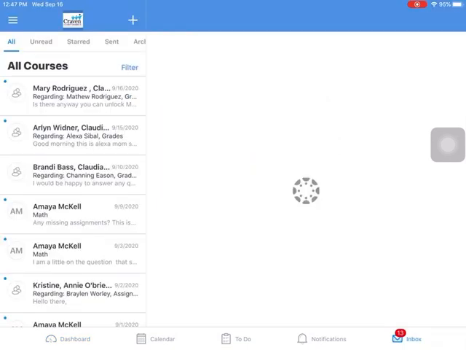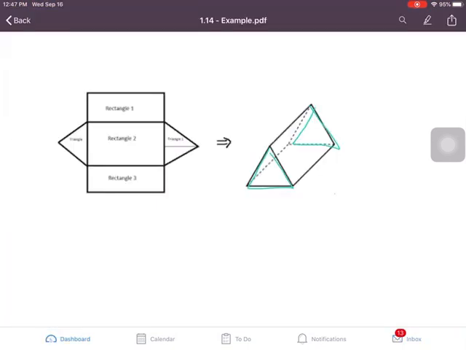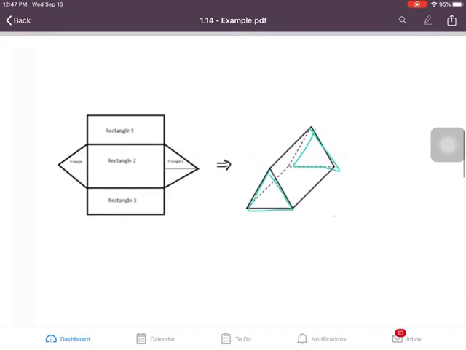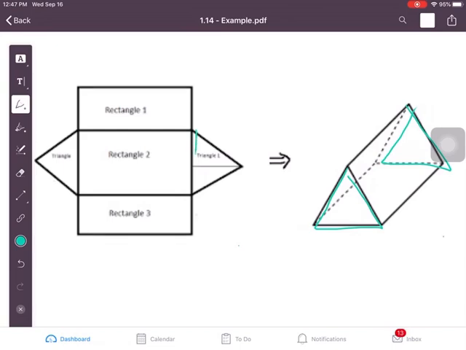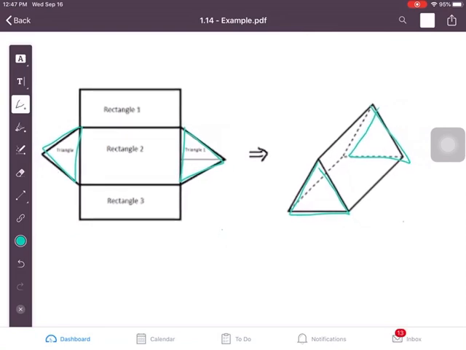Those would be the same ones that are here and here, okay? Those are the exact same parts of that triangular prism, and it's the fact that these are triangles that make this a triangular prism.